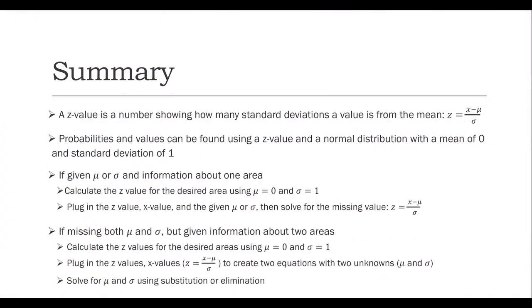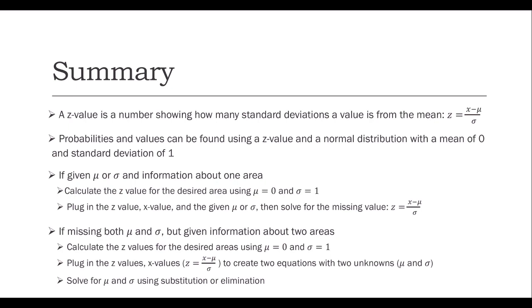So in summary, a z-value is a number showing how many standard deviations a value is from the mean. The probabilities and values can be found using a z-value and a normal distribution with a mean of 0 and a standard deviation of 1. If given mu or sigma and the information about one area, you can calculate the z-value and then plug in that z-value, x-value, and whichever you were given, the mean or the standard deviation, and solve for the missing one.